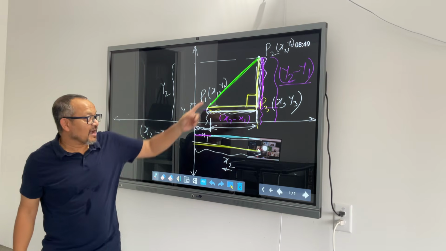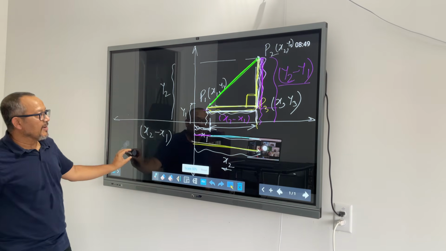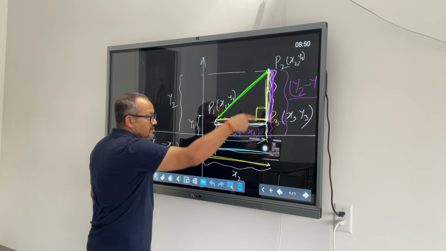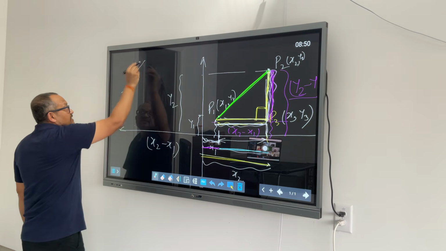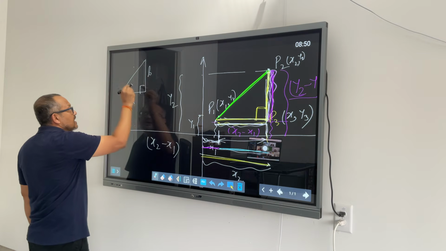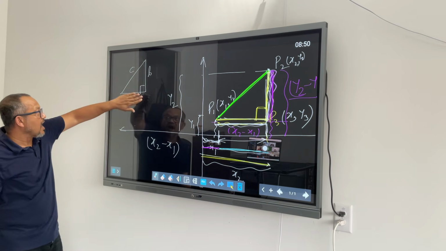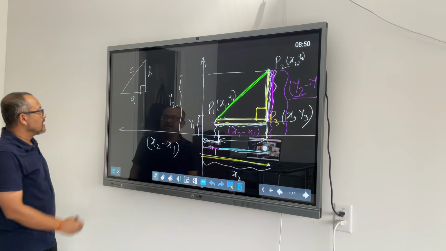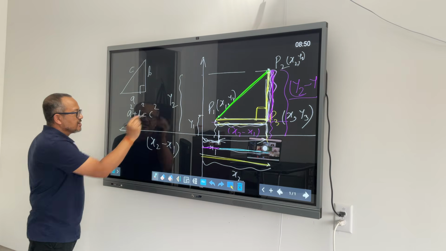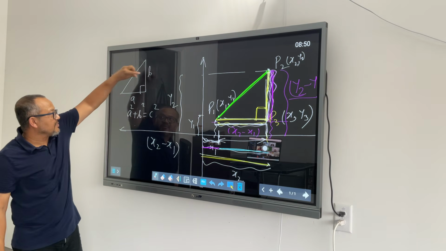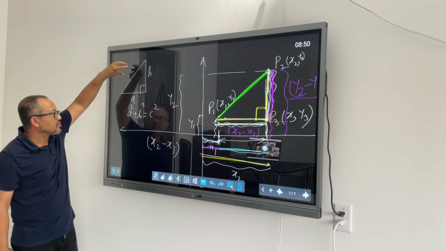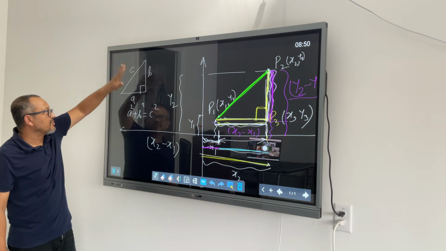Do you guys remember the Pythagorean theorem? What does it say? If you are dealing with a right angle triangle, which is the case here, and this is A and this is B and this is C, meaning C is the side opposite to the 90-degree angle, then A square plus B square will be equal to C square. Meaning the sum of the squares of the two sides that make the 90-degree angle will be equal to the square of the hypotenuse, the name given to the side opposite to the 90-degree angle.